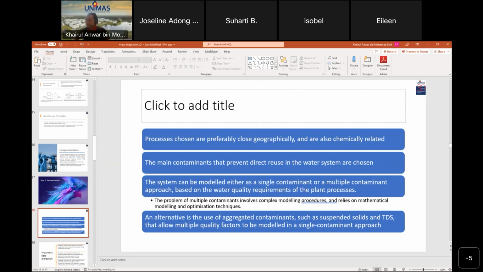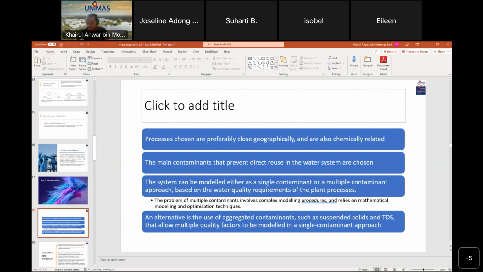The main contaminants that prevent direct use in the water system are chosen. The system can be modeled either as a single contaminant or multiple contaminant approach based on the water quality requirement of the plant process.